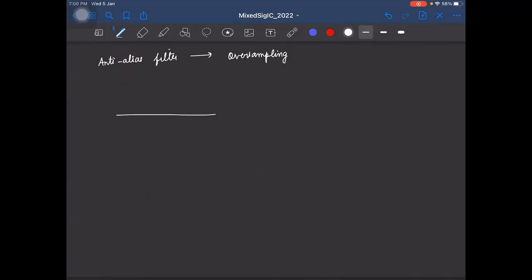With Nyquist rate sampling, we required a sharp transition in the filter characteristics. And with oversampling, we can afford a very smooth roll-off, which is easily realizable in practice, right? And I also mentioned that oversampling has more advantages.